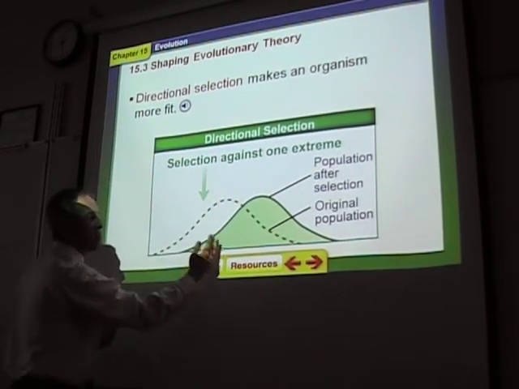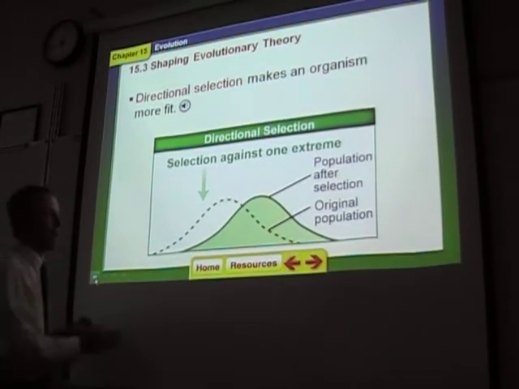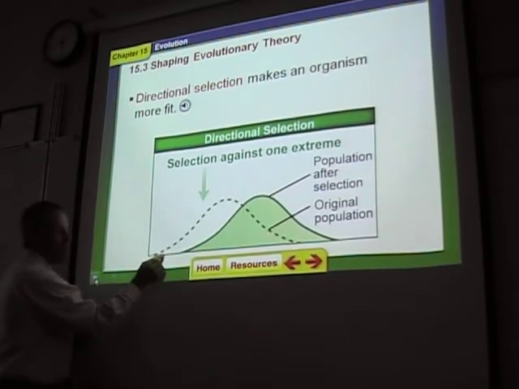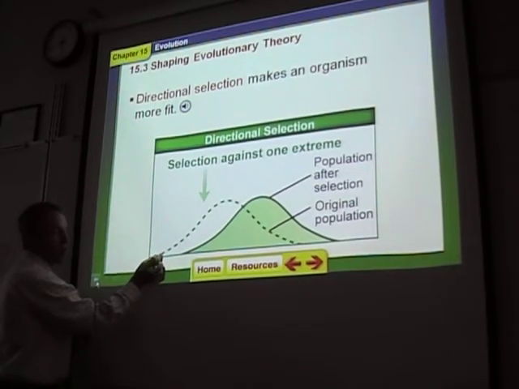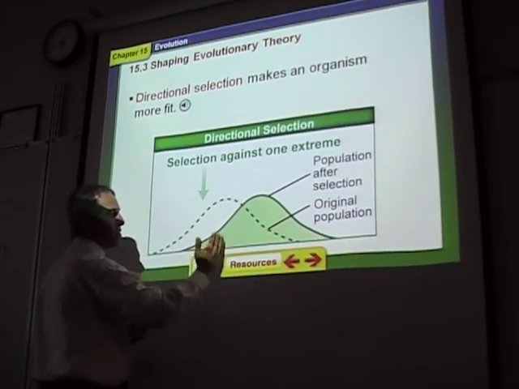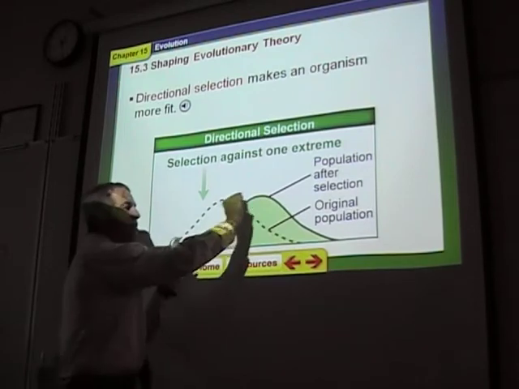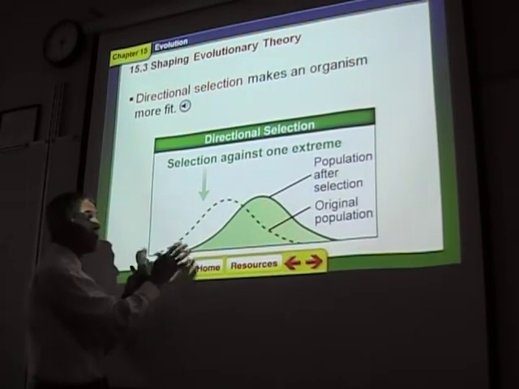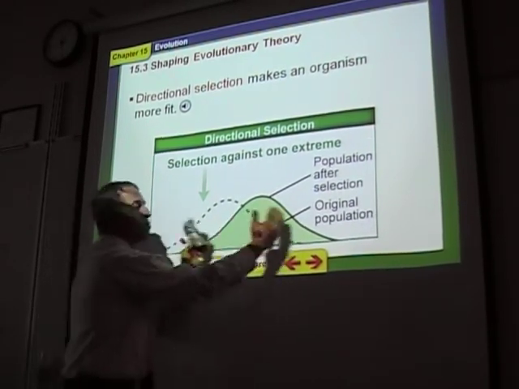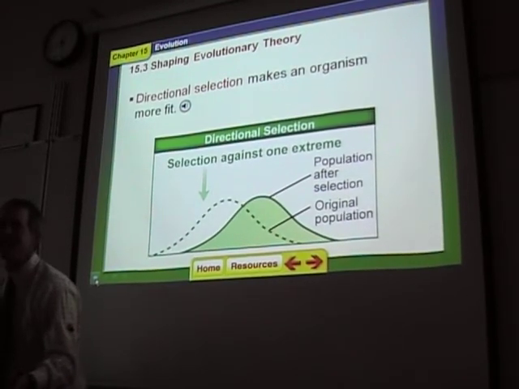Let's say this is the medium size of individuals. And there are a few small individuals, a few tall individuals, but most of them are middle-sized. But here we've taken this population and we've graphed them again after many years, and we see that the bell curve has moved over. What does that say about the population?